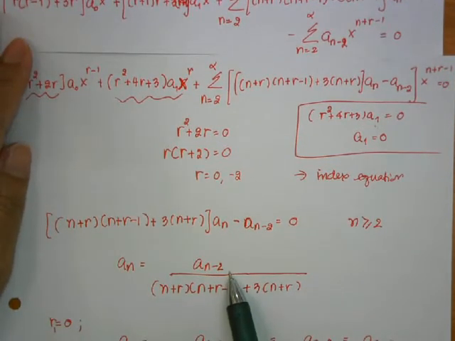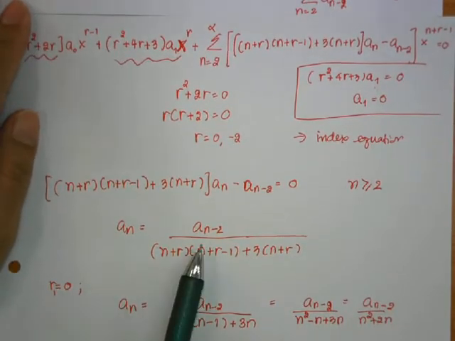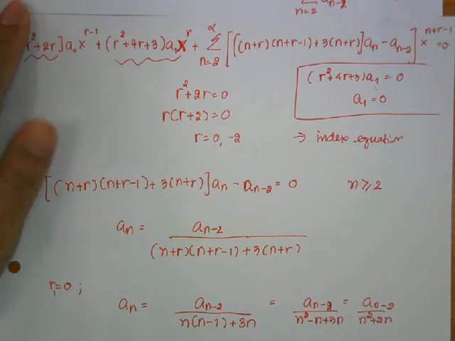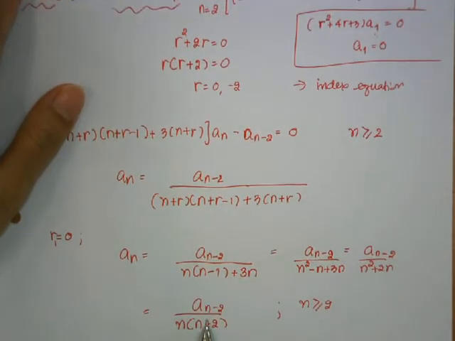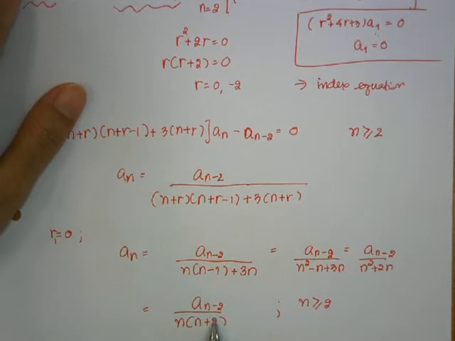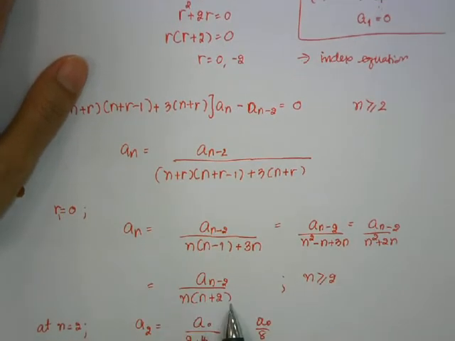From that, you have to put r1 first. You put r1 equal to 0 there, and you would get the relationship like this: an is equal to an minus 2 divided by n times n plus 2.